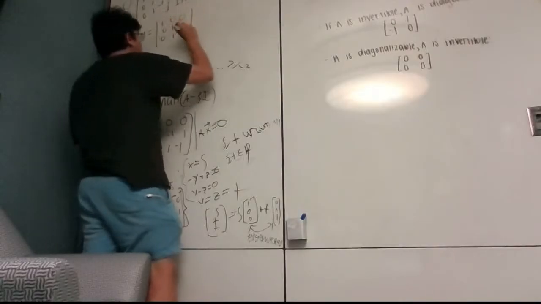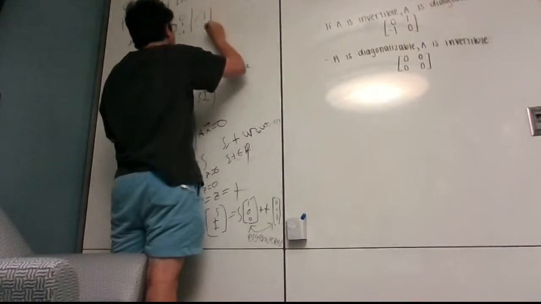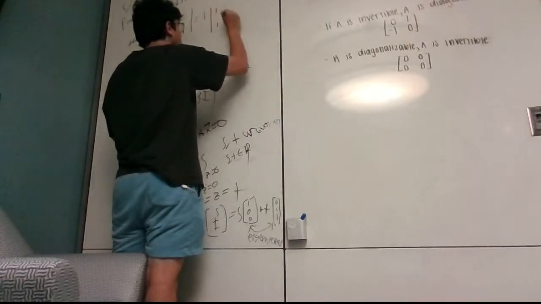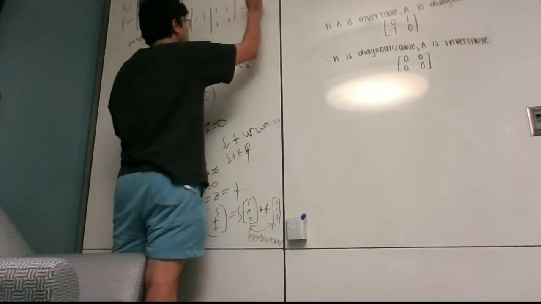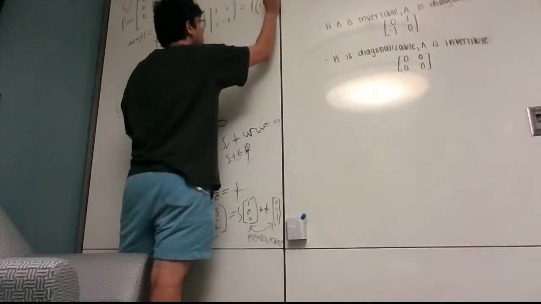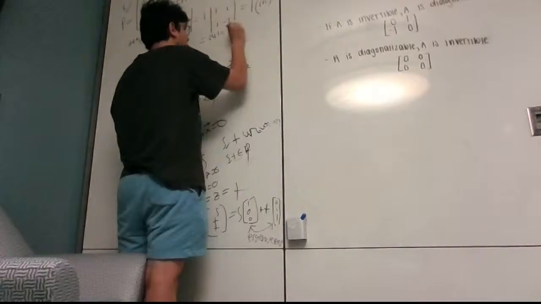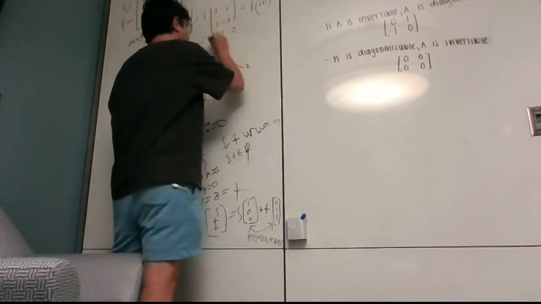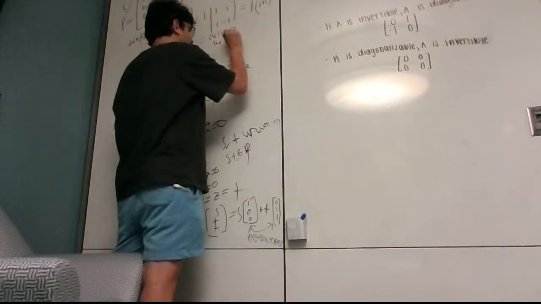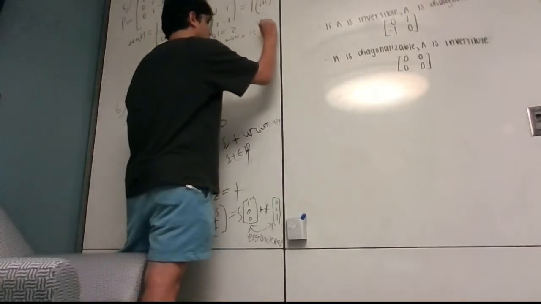We expand along this. We get the following. 1 times the determinant of 1, 1, minus 1, 1. And we get the following: 1 plus 1 is 2, times 1. So that gives us 2, meaning the matrix is invertible.